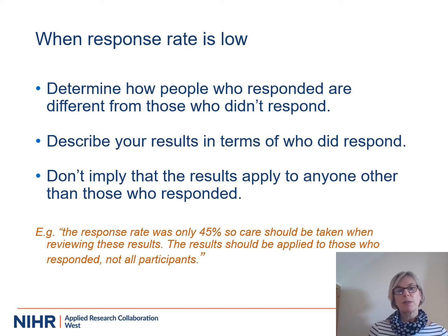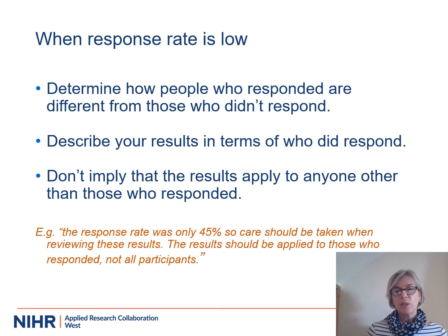So we want to be able to say something about the people who responded in comparison to those who didn't. And then it's really important to stick to any description of your results in terms of those who responded. It's most important that we don't in any way imply that our results apply to anyone else who didn't respond to the survey.